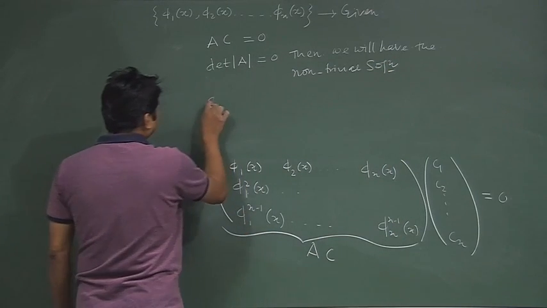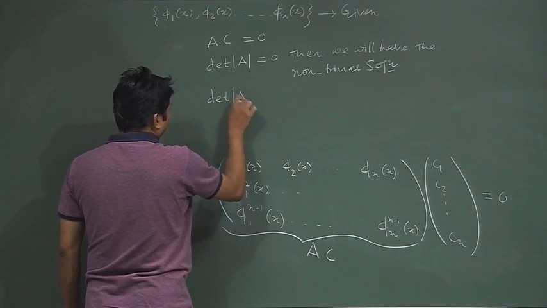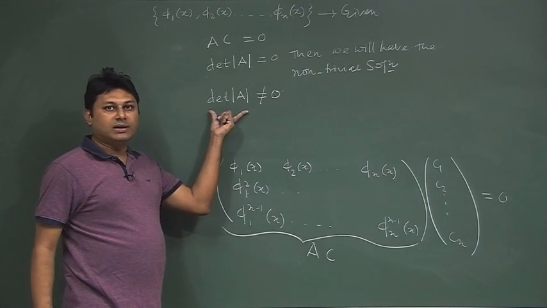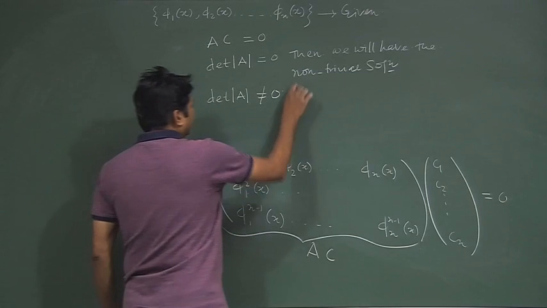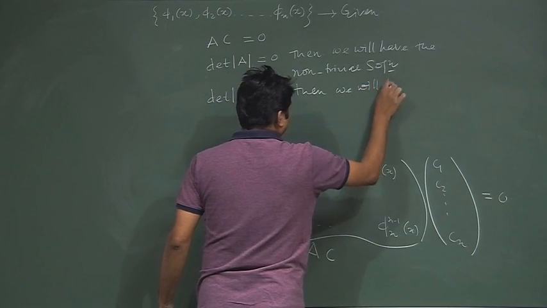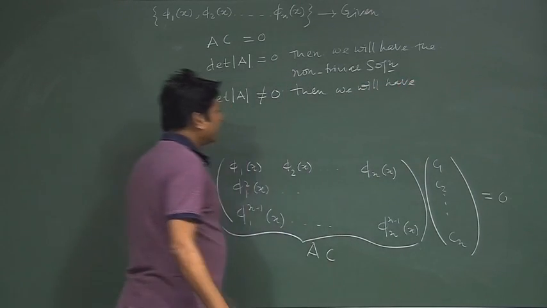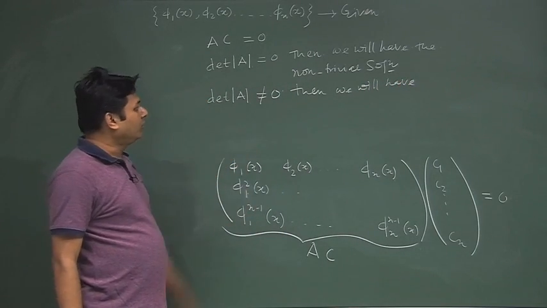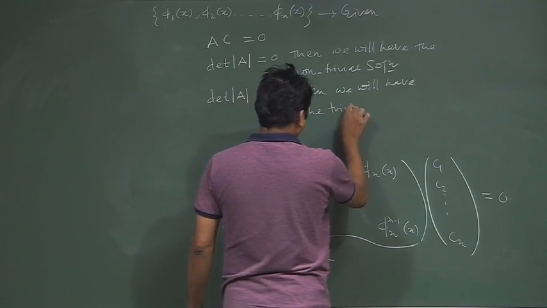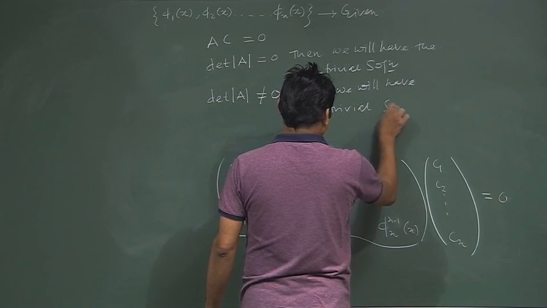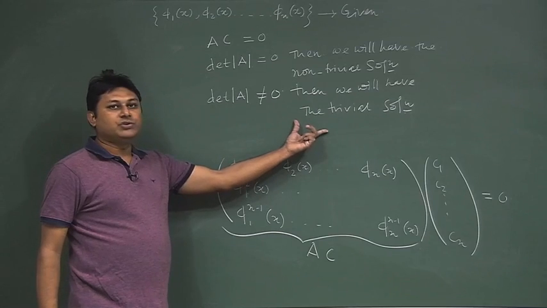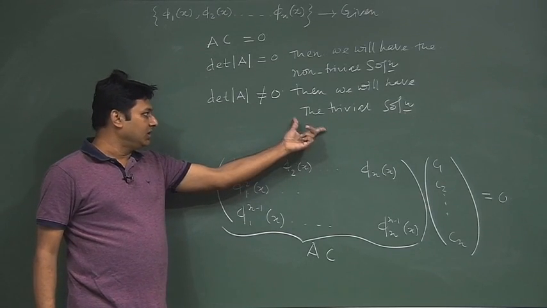But if the determinant of A is not equal to 0, then we will have the trivial solution. That means the trivial solution means all the C's are 0, the only solution.